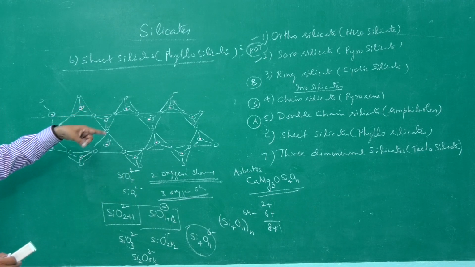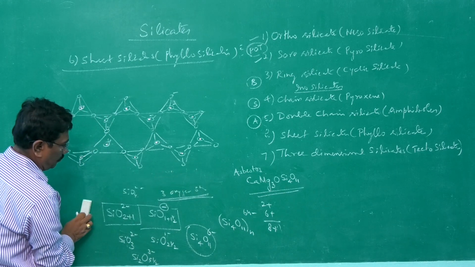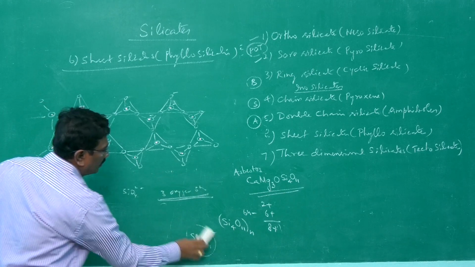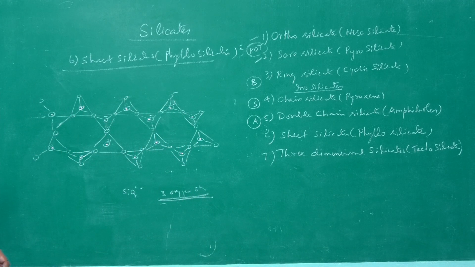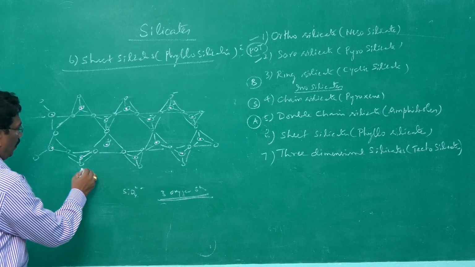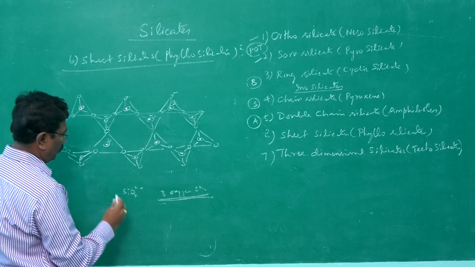Unlike the previous case, double chain silicate, here all the 3 oxygen atoms are shared. All right. When 3 oxygen atoms are shared, how we will be getting, you will be knowing. It is getting continued. Therefore, in all the places, 3 oxygen atoms are shared. So, this is how we get a sheet silicate or phyllosilicate.